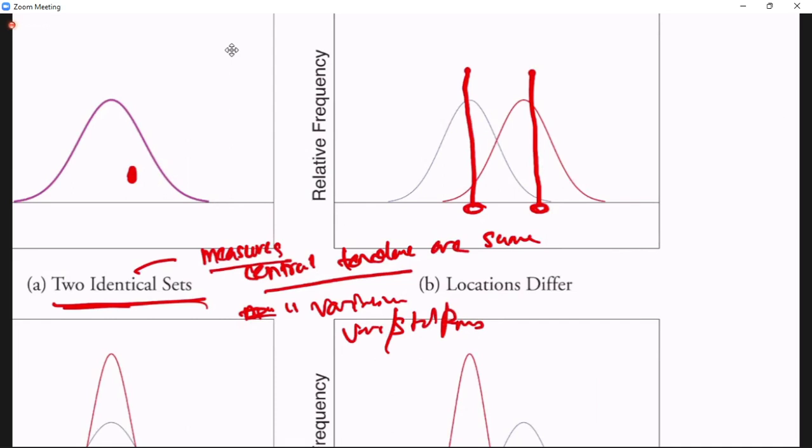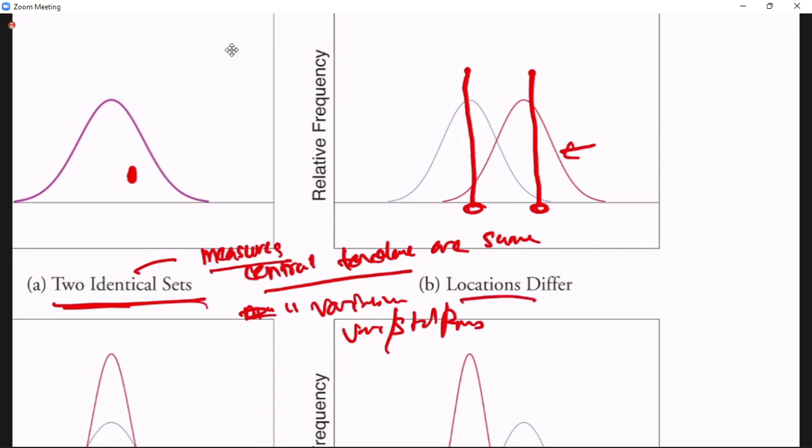Understand? How can we say their locations are different? If the location is the same, then one should coincide with the other. Here the location differs. Therefore, what can we say about these two distributions? Locations differ means what?